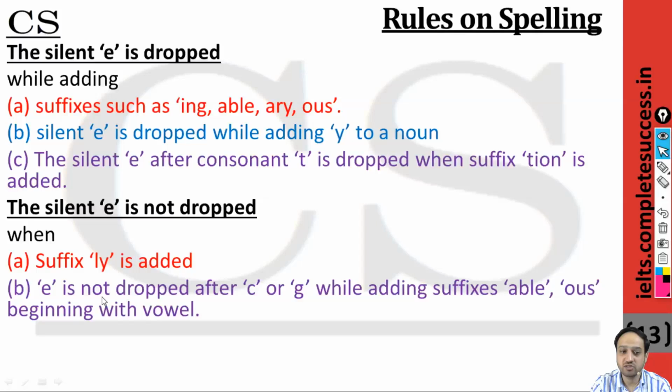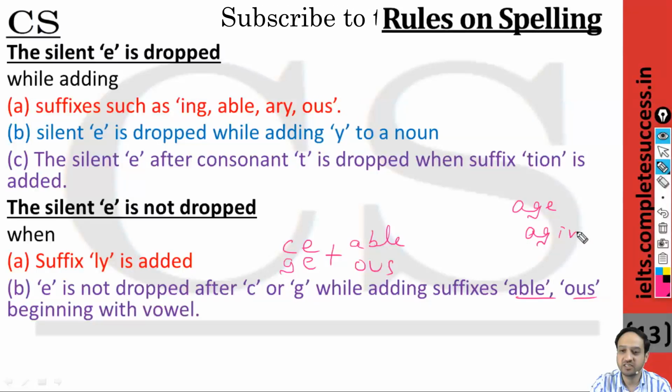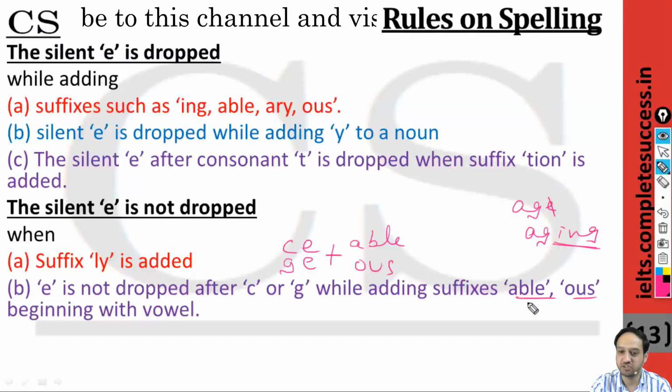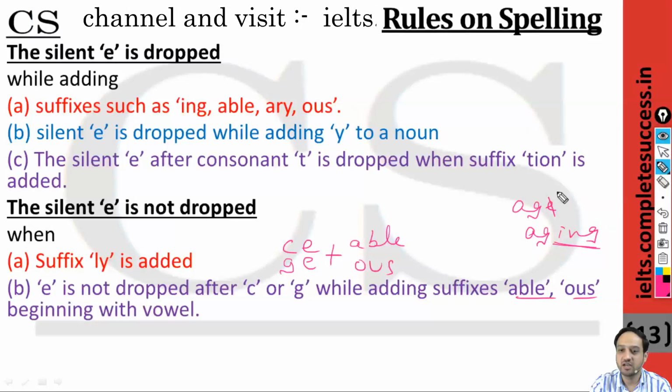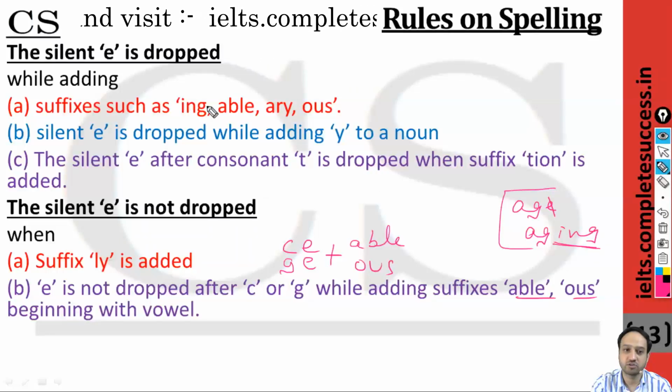E is also not dropped after C or G. If E is after C or after G, when we add able or ous, do remember able and ous, we keep the letter E. Do remember when we write age, when we say aging, we have to drop the letter E because here we are adding ing, not able or ous. This is the part which belongs to this section.